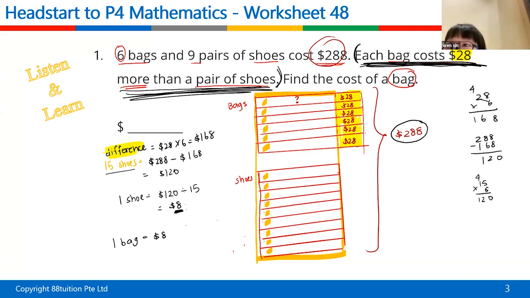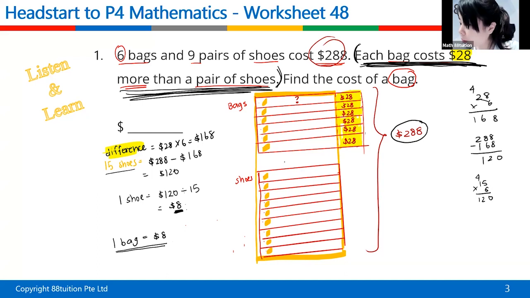You are lost? We have found the price of one shoe. This is $8.